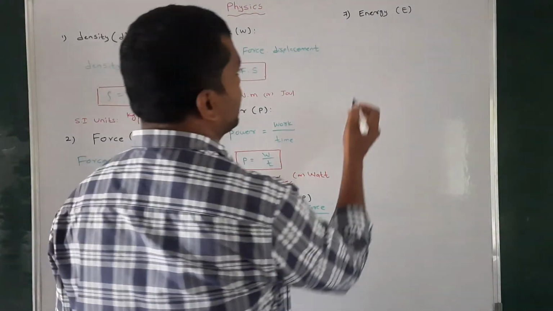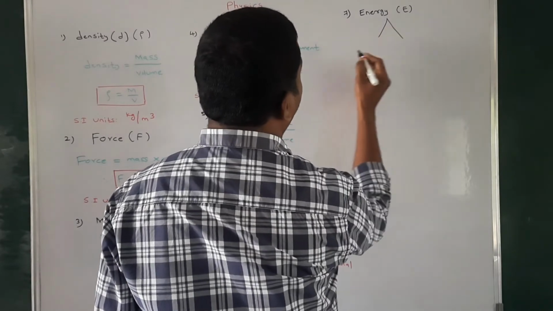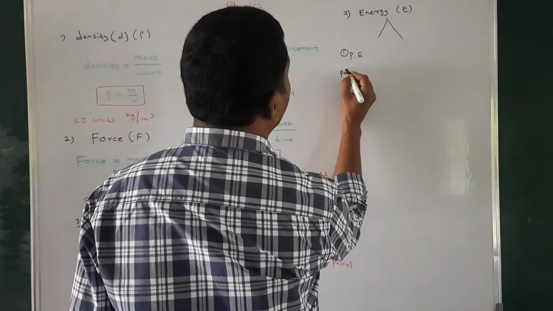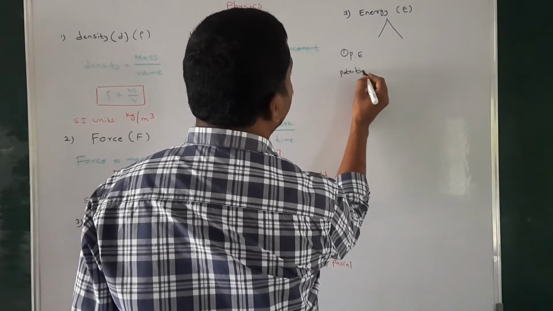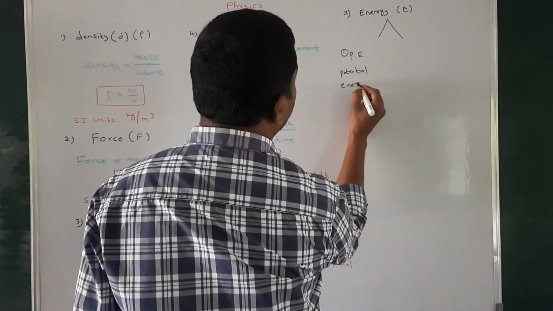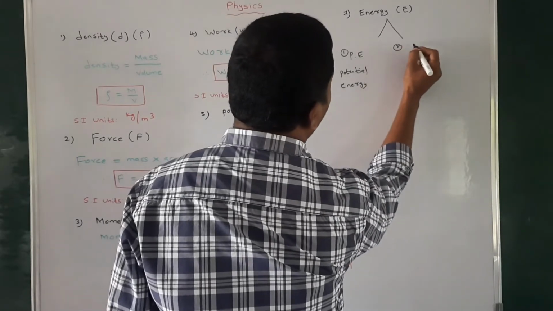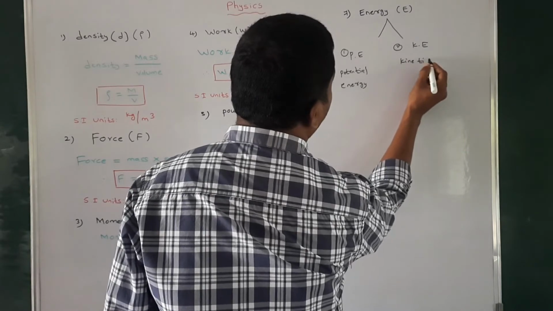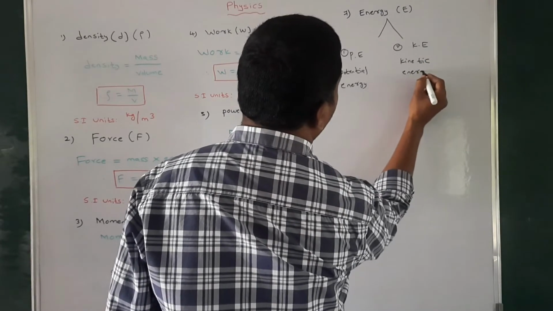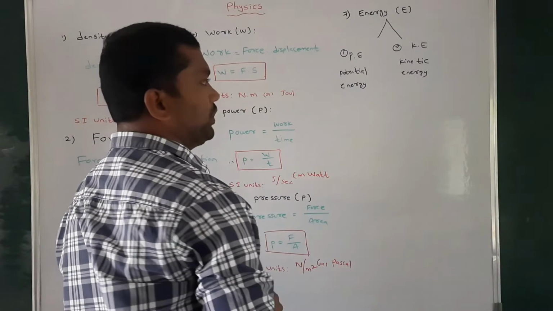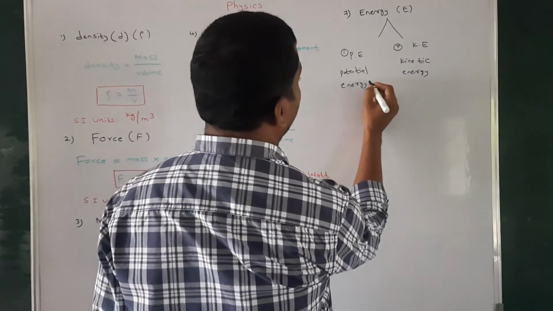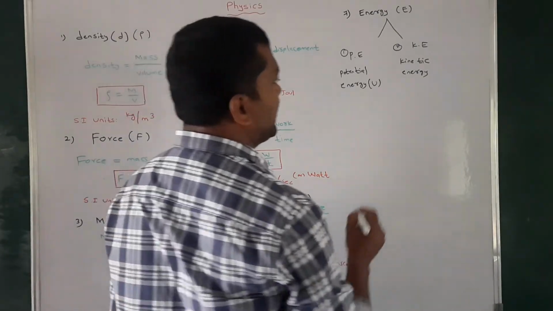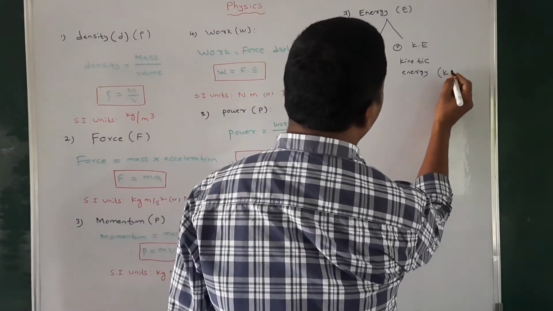The first one is potential energy, and the second one is kinetic energy. The potential energy will be represented by U, and the kinetic energy will be represented by K.